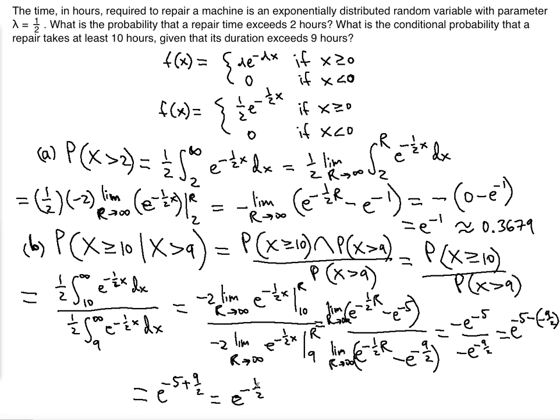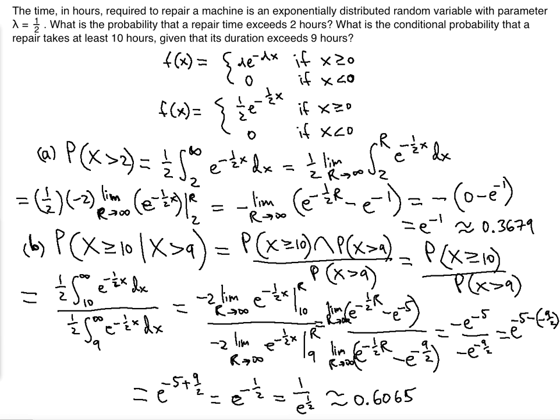Don't think that it's negative. It's a positive quantity. So it basically means 1 over e to the 1/2, and e to the 1/2 is positive. If you use your calculator and round to the nearest 10,000th, you will get 0.6065.